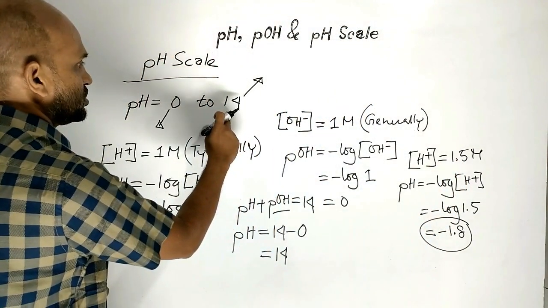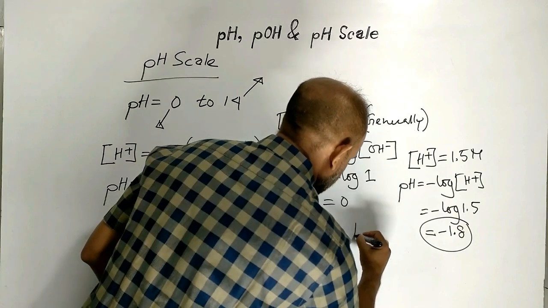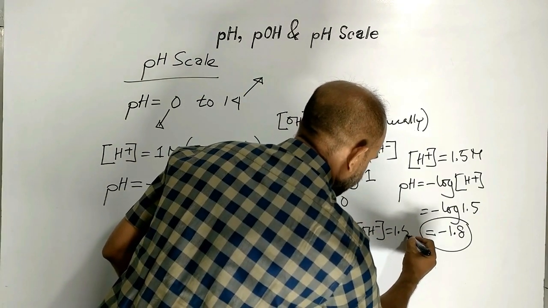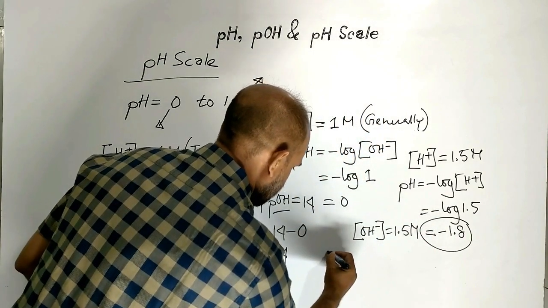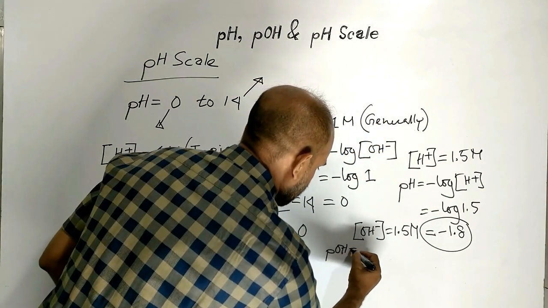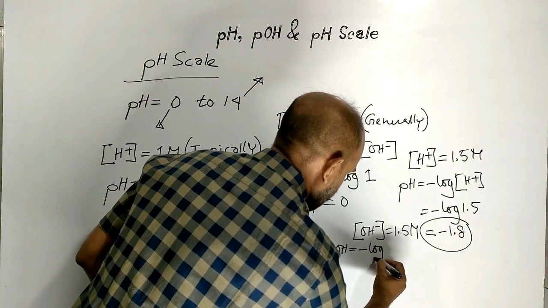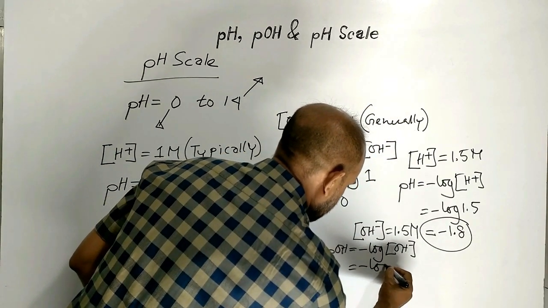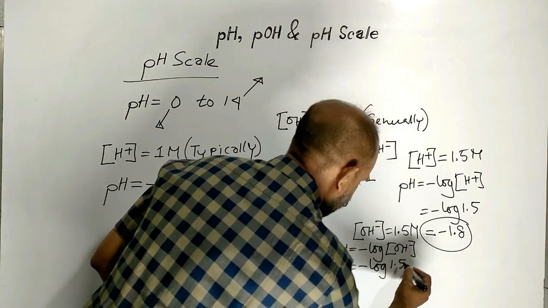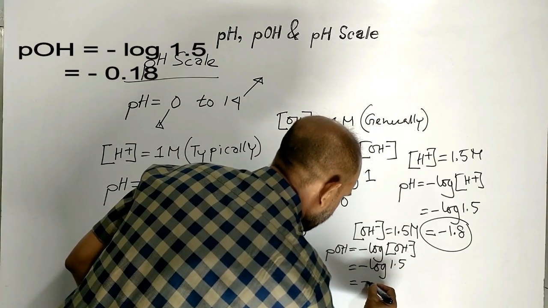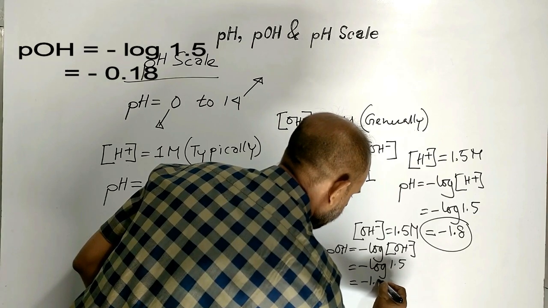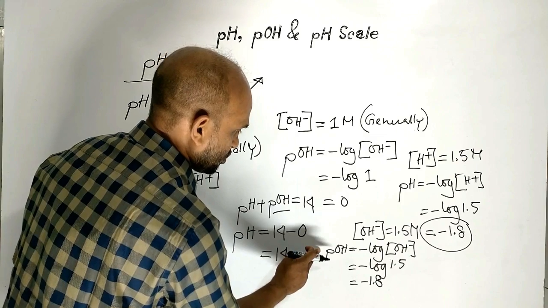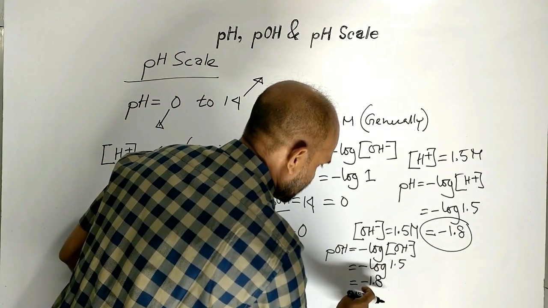When will it be more than 14? Suppose concentration of hydroxide ion is 1.5 molar. Then pOH is equal to minus log of hydroxide ion concentration, minus log of 1.5. This is equal to minus 0.18. In this case, value of pOH is minus 0.18.